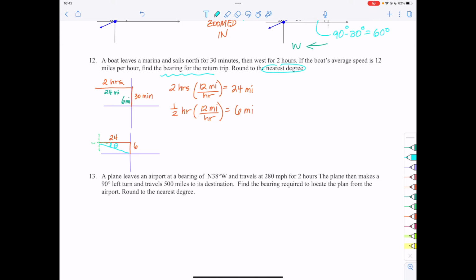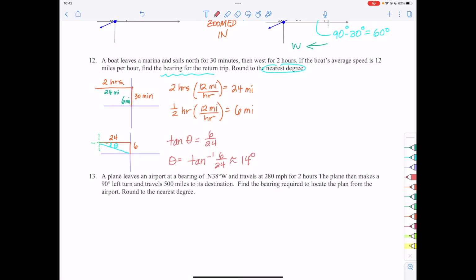So let's go ahead and try to come up with theta. So we have the tangent of theta is 6 divided by 24. So theta equals tan inverse of 6 over 24, which is about equal to 14 degrees.